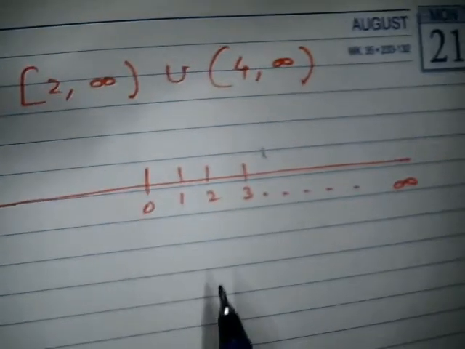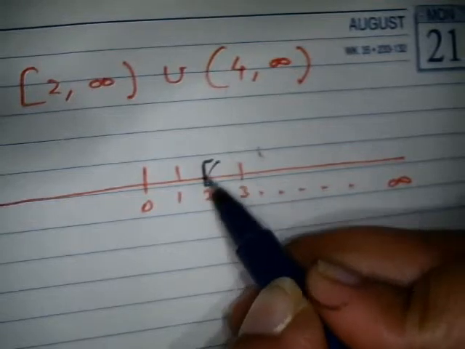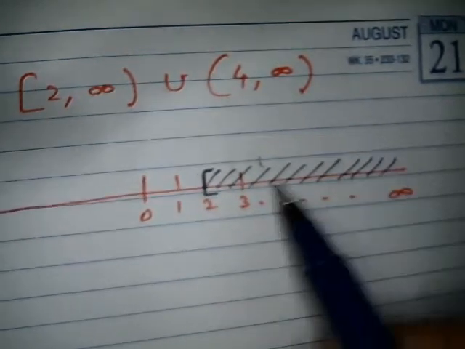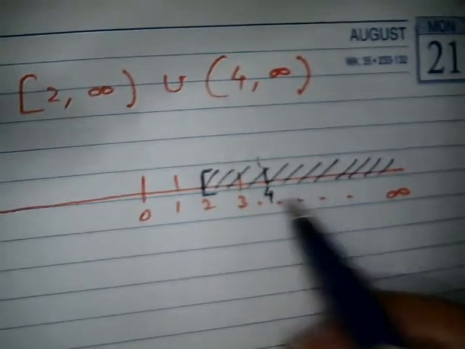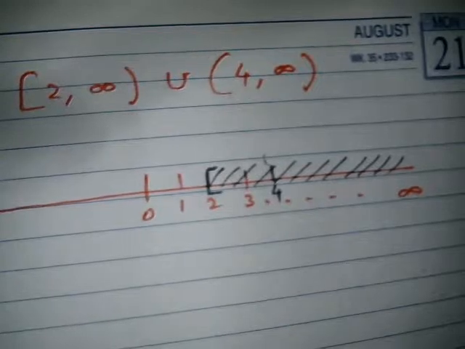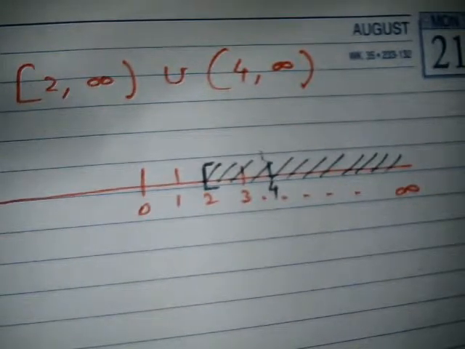Now this is starting from 4, on 4 it is an open bracket, so I am going to keep it open, and this is going to be till infinity.